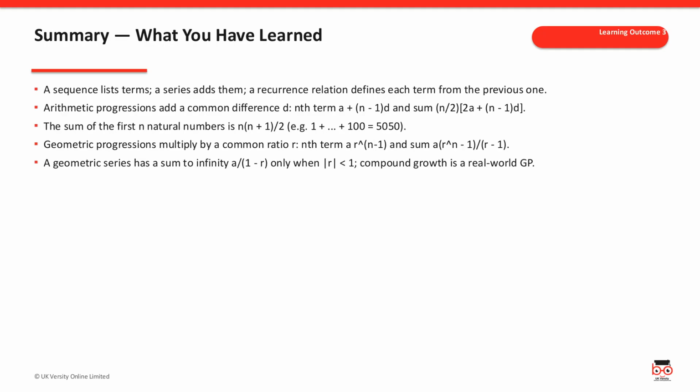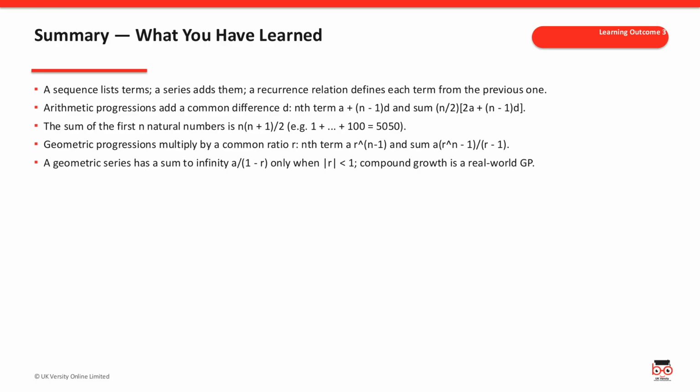To recap the third outcome, a sequence lists terms, a series adds them, and a recurrence relation defines each term from the one before. Arithmetic progressions add a common difference. Geometric progressions multiply by a common ratio, and each has its own nth term and sum formulas.